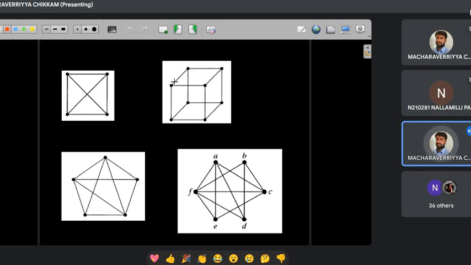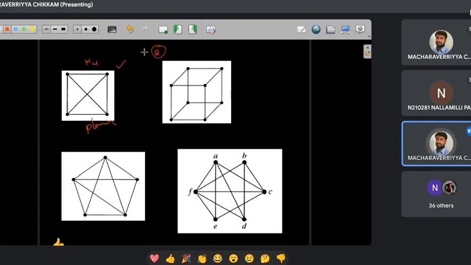You can see some of the pictures here, I mean some of the graphs. This we already worked, K4, and we showed that it is a planar graph. So how about this one? Is it planar? The second picture that you're seeing here.